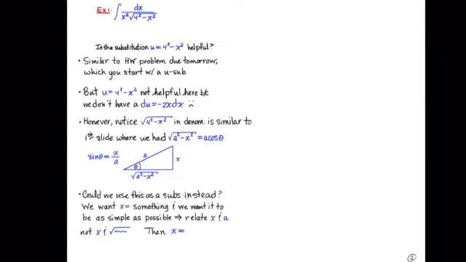Okay, so let me back up and write what we had on the previous slides so we don't lose that. When we're looking for our substitution, we're always wanting to keep it as simple as possible, and we need x equal to something. So we're always going to relate x and the number. And so that is why in this case, when we're looking for that relationship between a and x, it's sine theta.